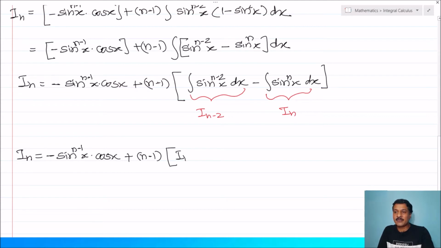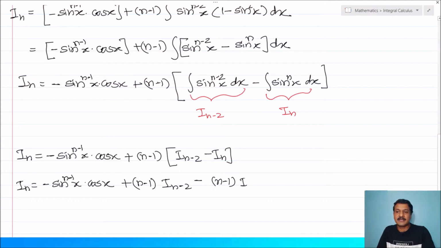I am getting now here I_n minus 2 minus I_n. If we multiply this n minus 1 inside, so I am getting here this remaining as it is, n minus 1 into I_n minus 2 minus n minus 1 into I_n.